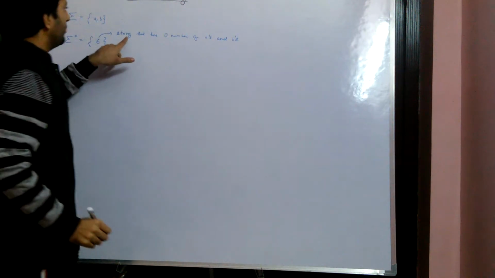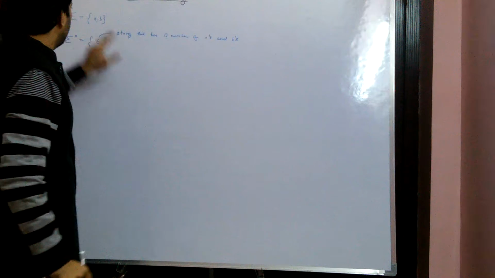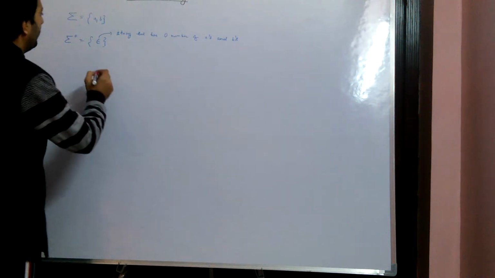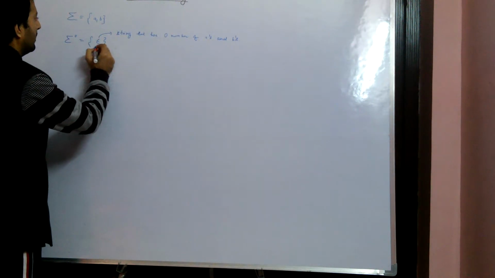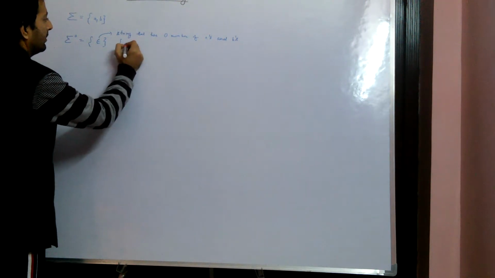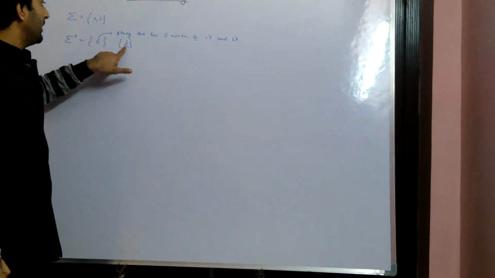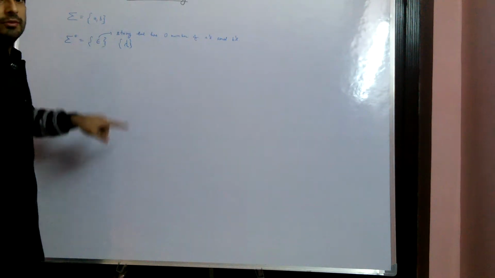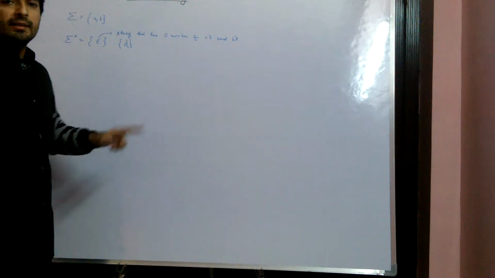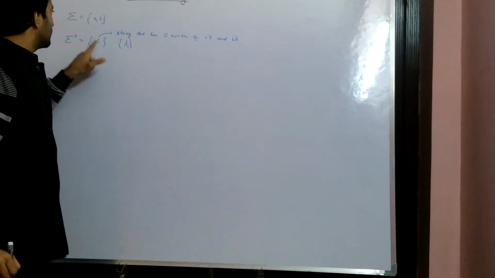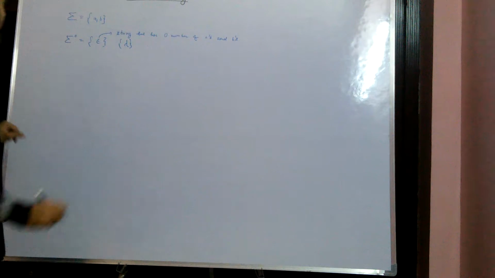So epsilon represents the string which has no occurrence of any alphabet, and we can also represent this by lambda, because in a few books we have this and in a few books we have that. Both are used: if there is a string that has no alphabet, we can represent it like this symbol or like this one.